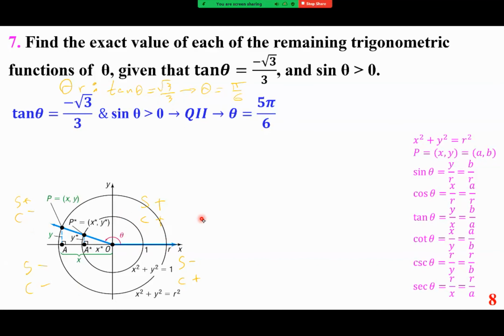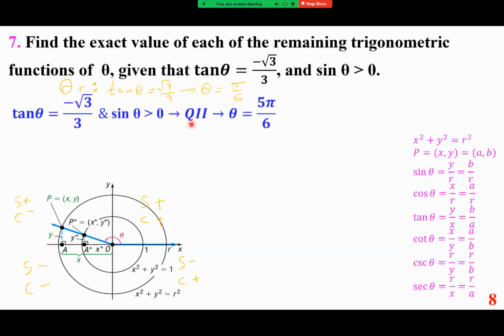So the angle that the terminal side makes with the x-axis, in this case this distance, the closest distance, is called the reference arc. So theta is pi over 6, as you know, tangent of pi over 6 is square root of 3 over 3.